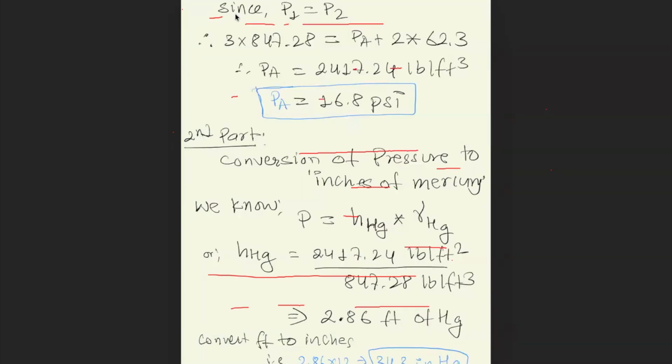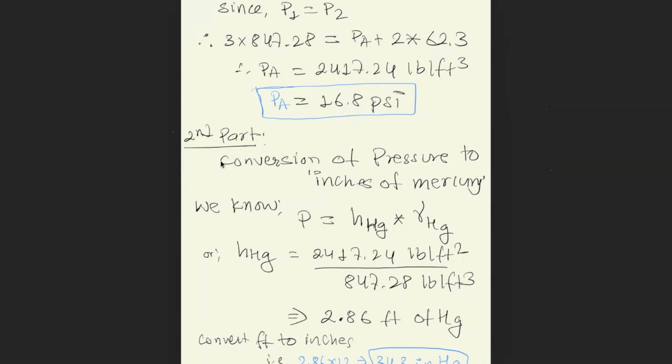Since we know P1 is equal to P2, 3 times 847.28 is equal to PA plus 2 times 62.3, which gives us the pressure at A equal to 16.8 psi.